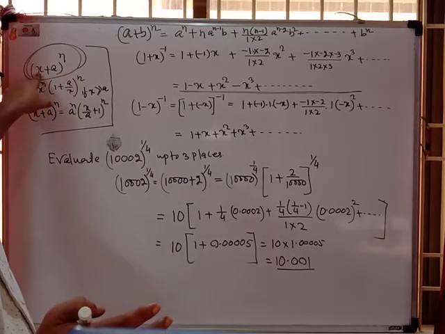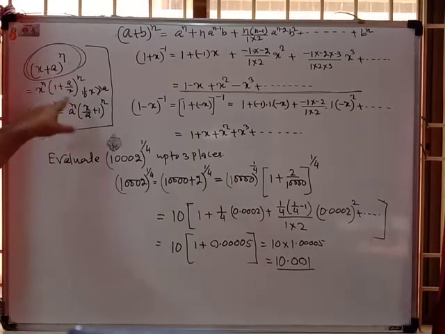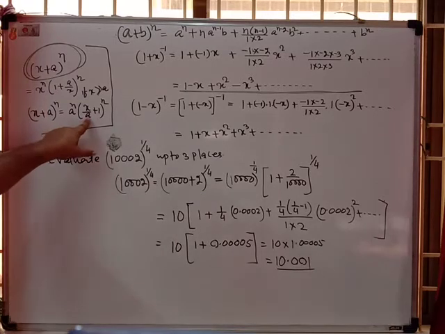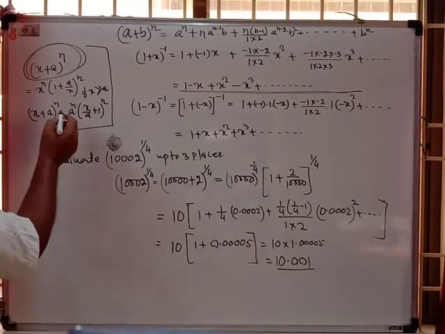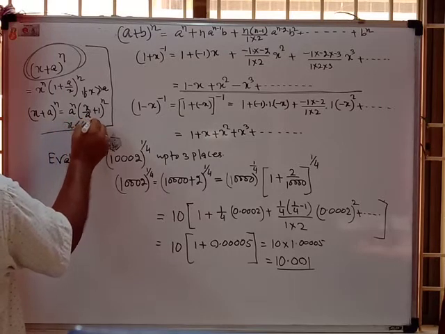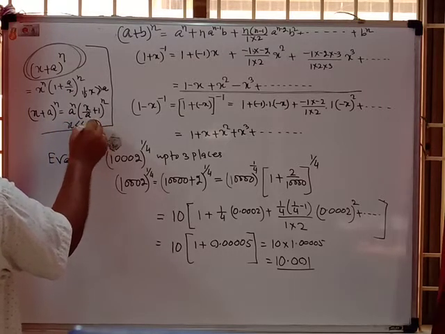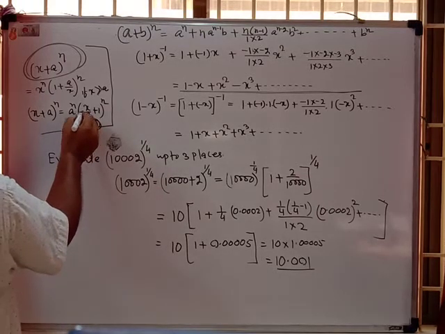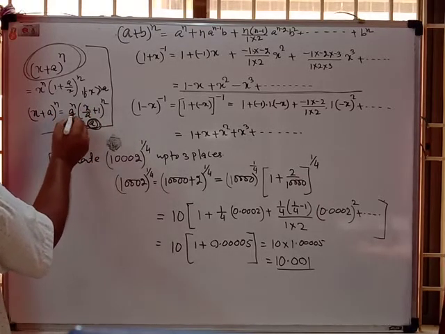But if a is greater than x, meaning x is very much less than a and a is the bigger one, we have to divide and multiply by a, and again a to the power n comes out.